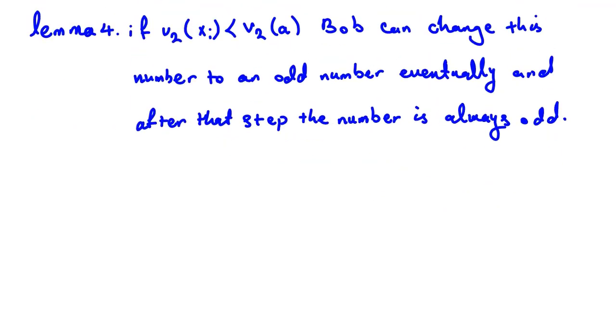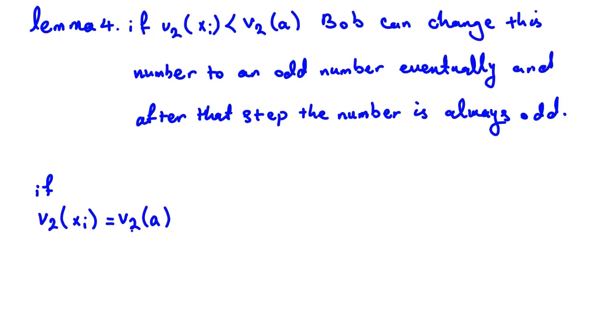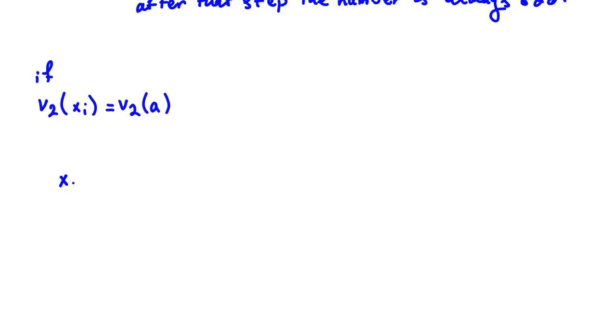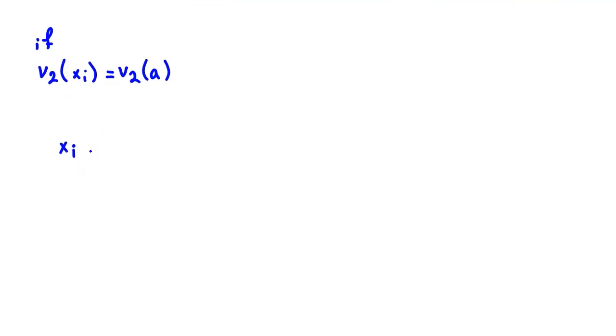Okay, now consider the case that v2 of xi, for example, equals v2 of a. We want to see what happens. In this case, if it is Bob's turn, Bob divides by 2, and we reach xi over 2. And we know it is at least 1 because a is even from Lemma 1.